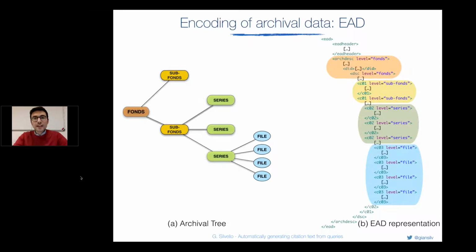So what we need to do is, given one archive, a big XML file describing all the documents and all the categories and all the divisions of this archive, and a general query or a node within the archive, we have to provide a citation for that node or for that bunch of nodes.